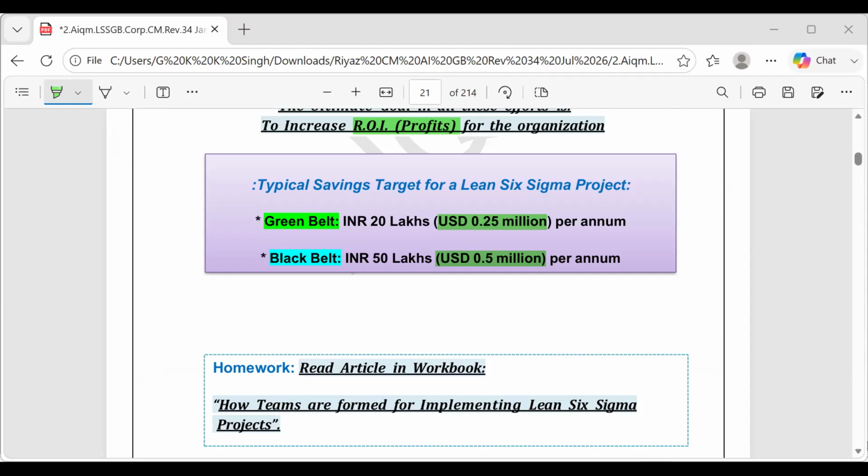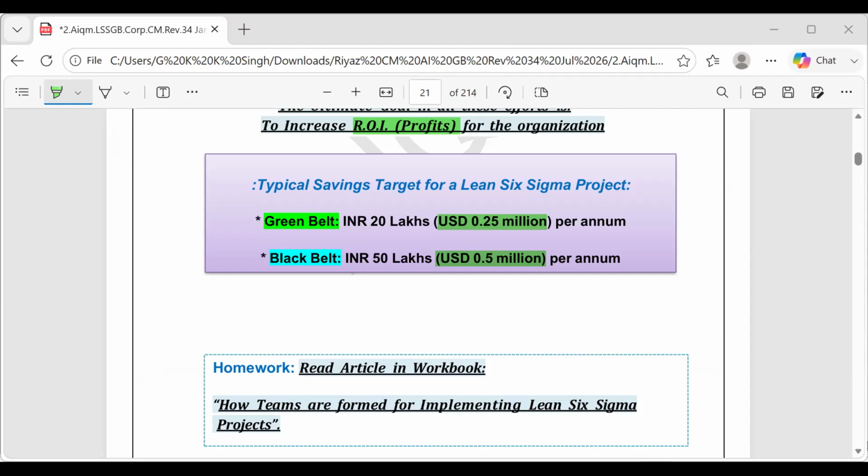And savings was assumed as 30% of the gross profit because of this increase in revenue, which was considered as 1.29 million for 8 months. And then this was extrapolated to 12 months. So 8 months was 1.29 million. This was extrapolated to 12 months, which was 1.9 million.